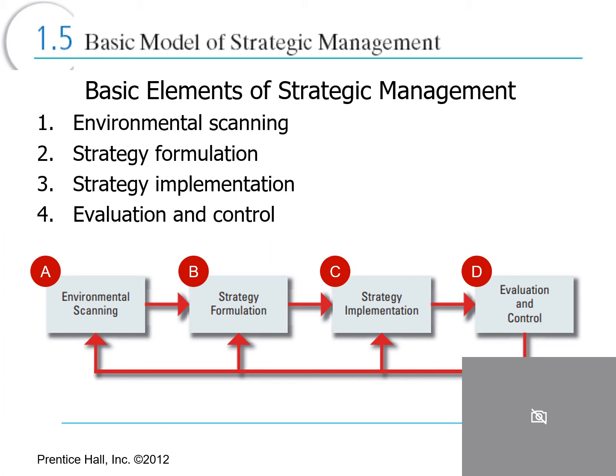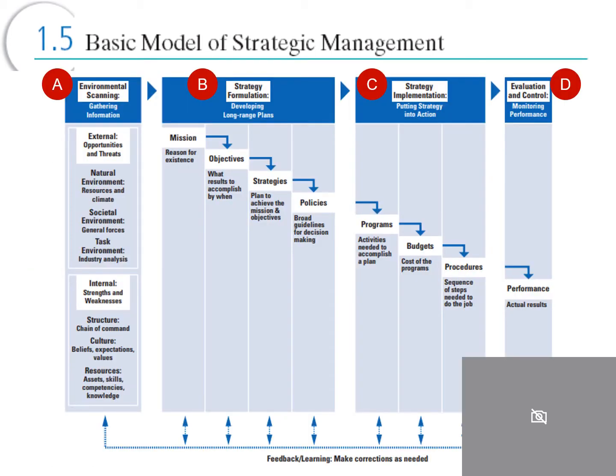So in terms of the environmental scanning, we have the internal environment and external environment. So if you want to make a detail of the previous diagram, you can see that those are components in step A, B, C, and D. In this video, we're gonna discuss the strategic management process as well as the external analysis and internal analysis.